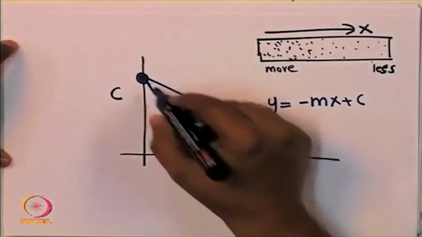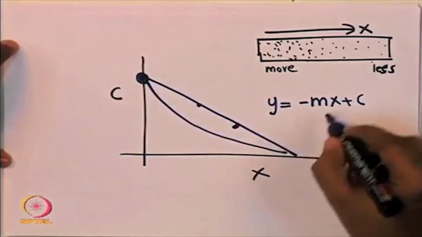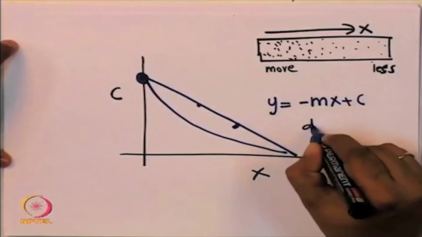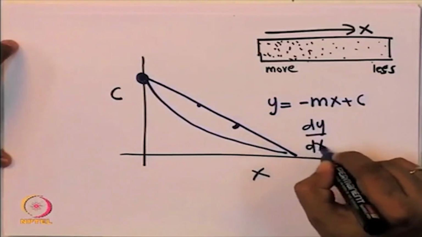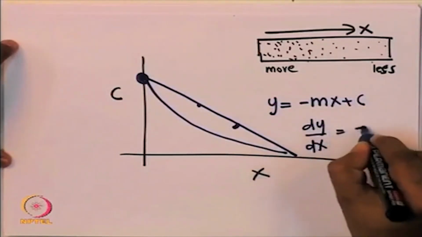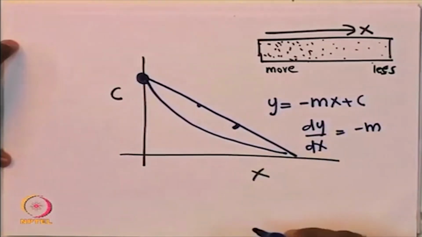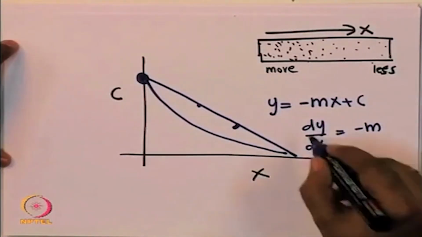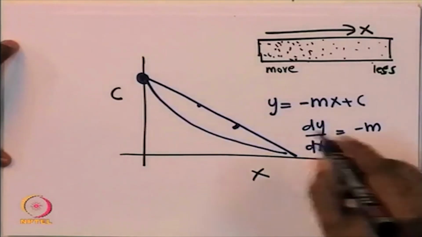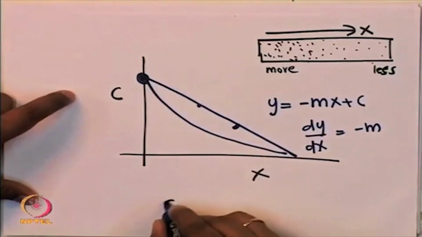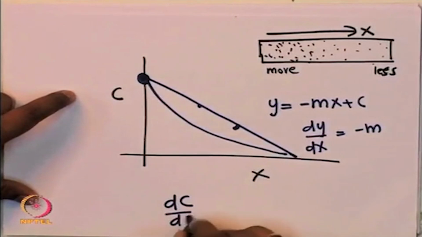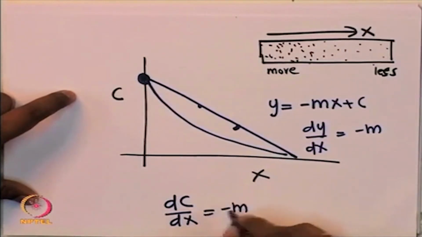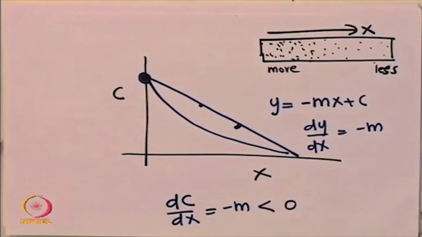As x increases, the c decreases. So, that is why this is negative. dy by dx, the change in y over the change in x, is minus m, a negative number. So, dy by dx is negative. That means here dc by dx is minus m, which is less than 0, it is negative.